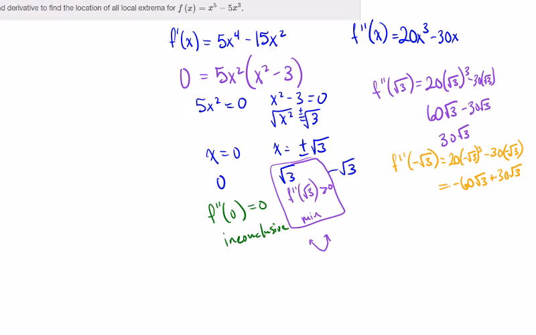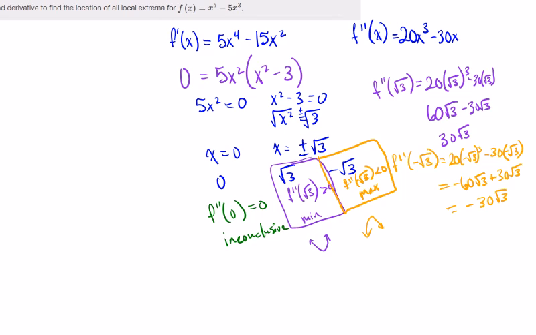And so we'll end up with negative 30 root 3. And therefore, since it's negative, that means it's downward facing, concave down. And so since this is less than 0, that means we're going to have a max. Okay, so we have a max at negative root 3. All right, so that's how we use the second derivative test.